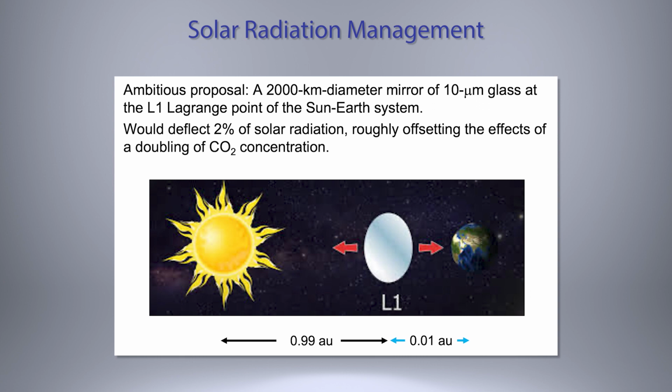Now things are not drawn to scale there. The mirror would be much smaller than the Earth, and it'd also be much closer than is shown. It'd be about 1.5 million kilometers away from the Earth, which is about 1% of the distance from the Earth to the Moon. So if you measure things in astronomical units, AU is indicated in the arrows at the bottom, 1/100th of an astronomical unit away from the Earth, and 99 hundredths of an astronomical unit away from the Sun.